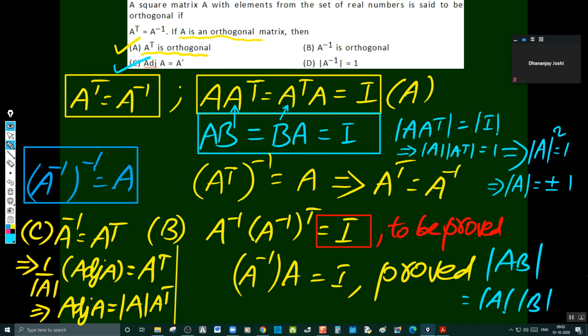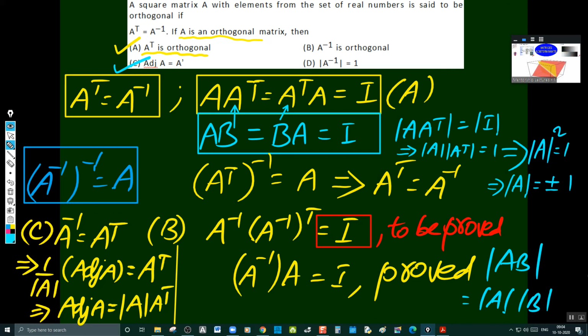Yes sir. If A and B are square matrices of the same order, then the order of AB and order of BA will be the same. But it need not be that AB is equal to BA. So it is to be mentioned.